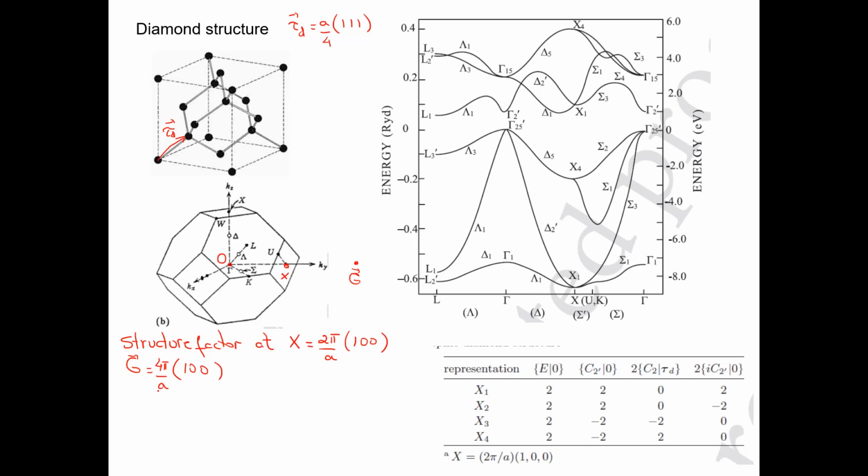So if you calculate now the structure factor, the sum over the two atoms in the unit cell, e to the minus i G dot tau j. The two atoms: one is at the origin, tau 1 equals 0, 0, 0, and the other atom is located at tau d.